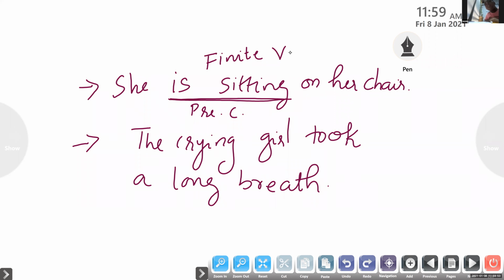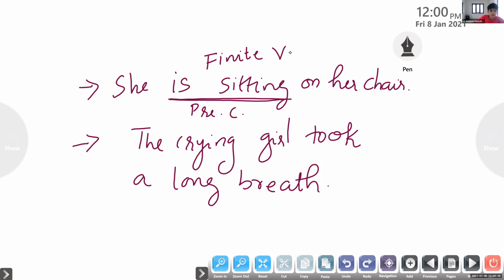The crying girl took a long breath. Ma'am, crying? We have two verb-type words here in the sentence, right? Madhav, Ranjit, the crying girl took a long breath. In the sentence, you can see a finite verb and a non-finite verb. Isha, don't get nervous. If you have any doubt, you can tell me. Madhav, Ranjit and Isha, any one of you please answer this question.